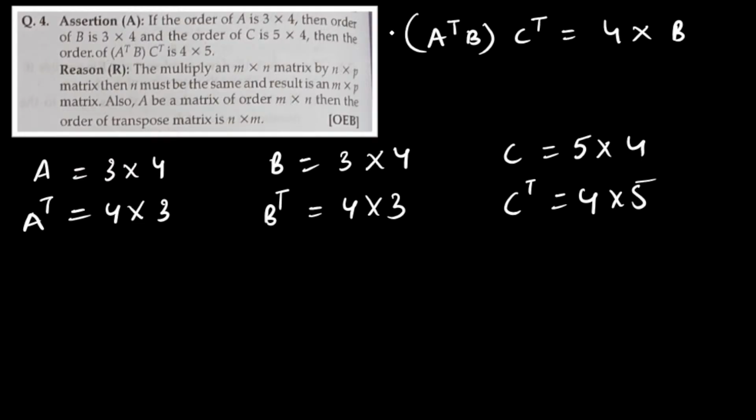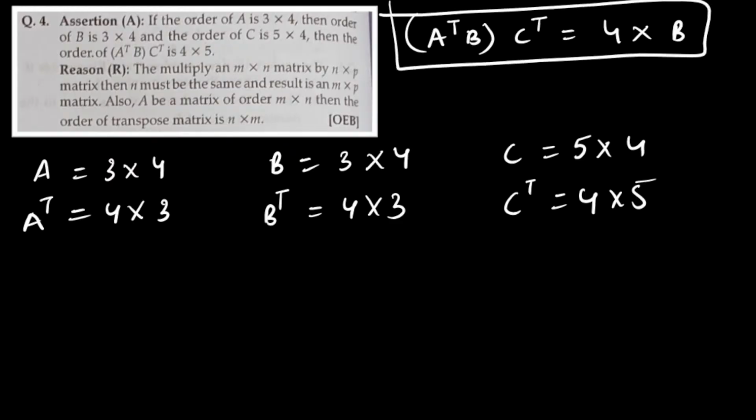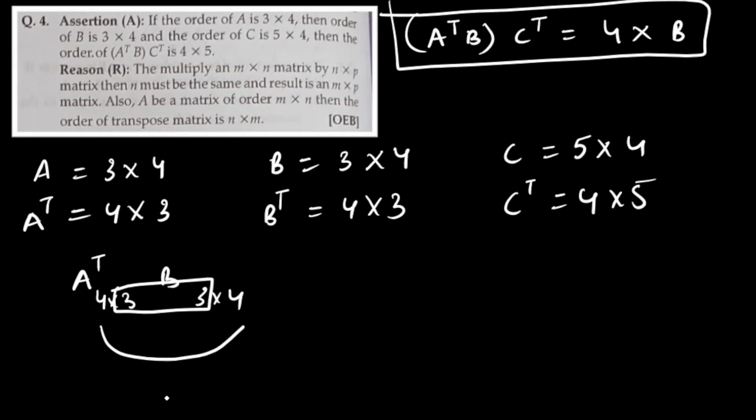Now this one we have to check. First of all, let's check the order of A transpose into B. A transpose order is 4 by 3, B's order is 3 by 4. These are same, so if we multiply, the resultant order will be 4 by 4. So the order of A transpose into B is 4 by 4.